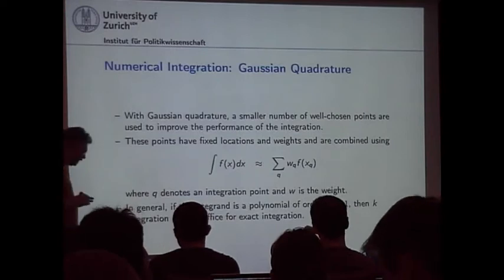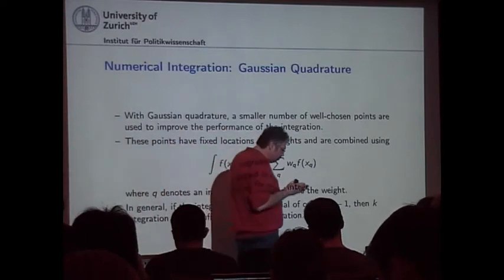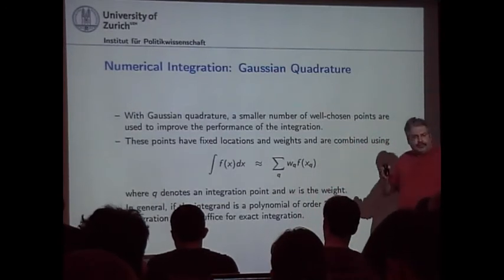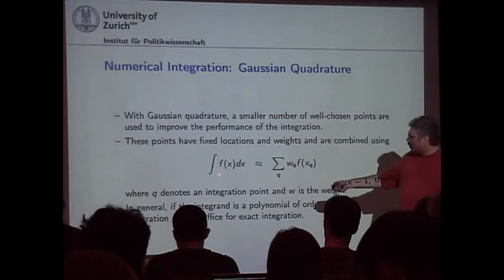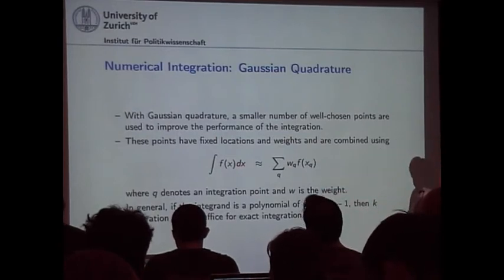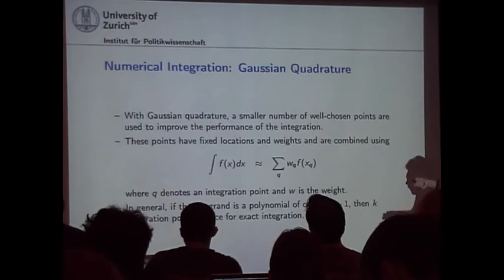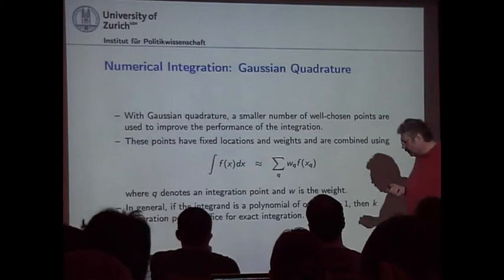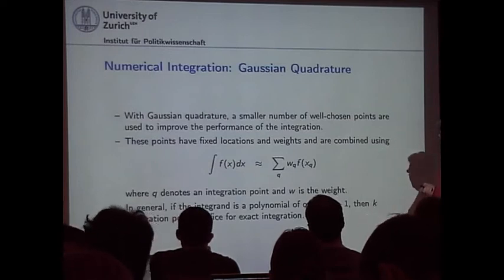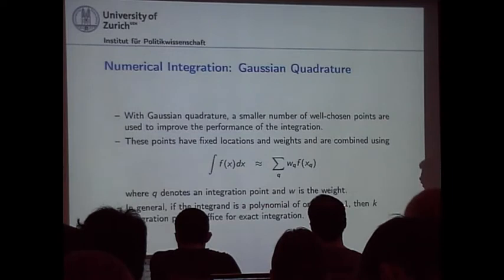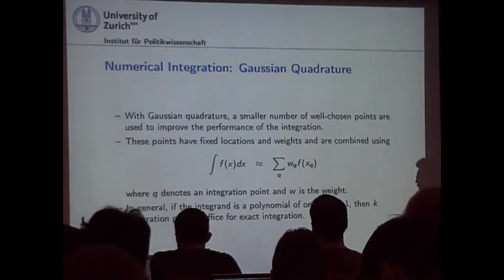Now the trick here is that these quadrature points are in fixed locations, and they have fixed weights, and then the integral of some function is equal to the weighted sum of the functions evaluated at the integration points. And what he could show, and what others have shown, is that if you have an integrand that is a polynomial of order 2k minus 1, then you only need k integration points.